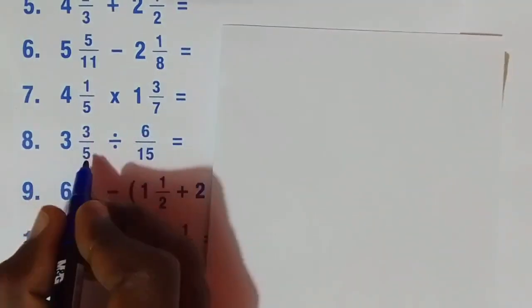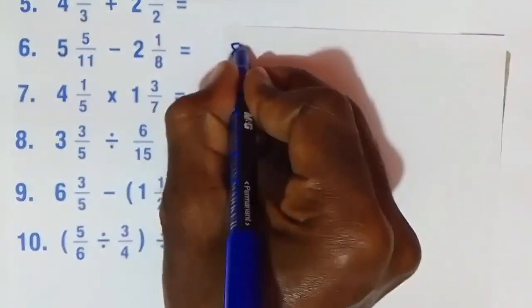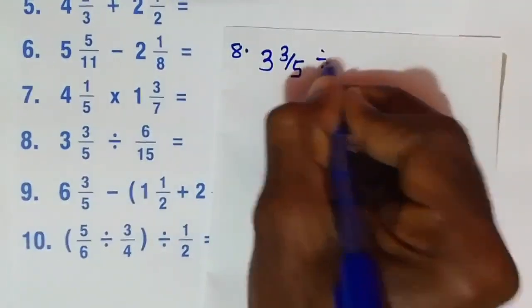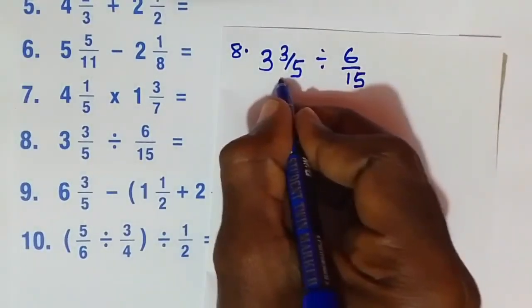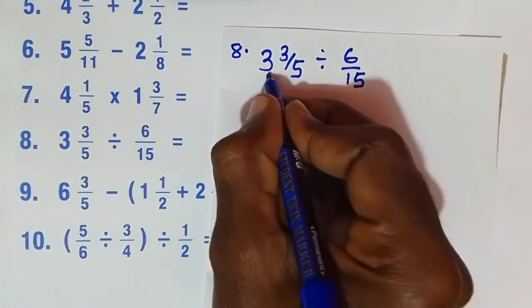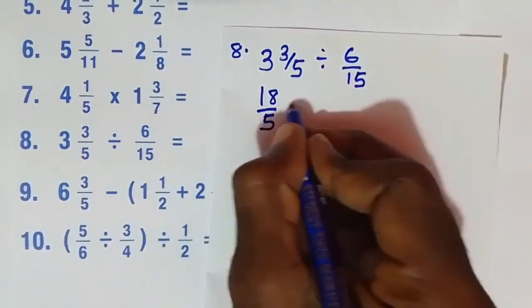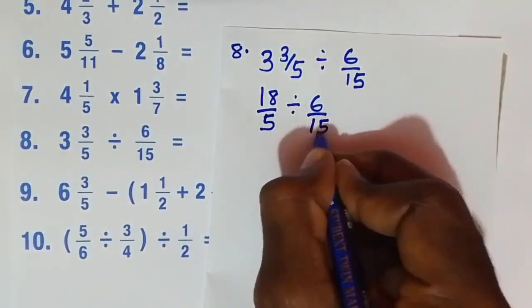Question number 8. We have 3 3 over 5 divided by 6 over 15. Let's first change this mixed number into an improper fraction. 5 times 3, 15, plus 3, we get 18 out of 5, divided by 6 over 15.